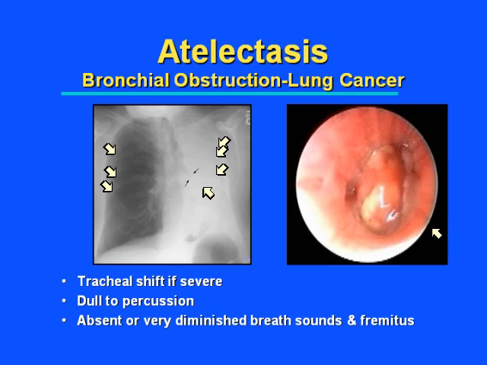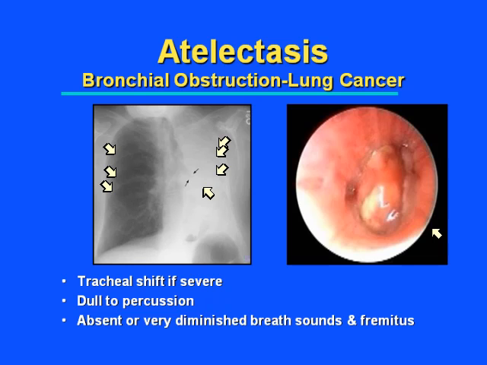That lung is now atelectatic, so the alveoli are largely collapsed, and there's no airflow past the obstruction, so there's no transmission of sound. If you were to percuss this chest, it would be resonant on one side and very dull or flat to percussion on the other.